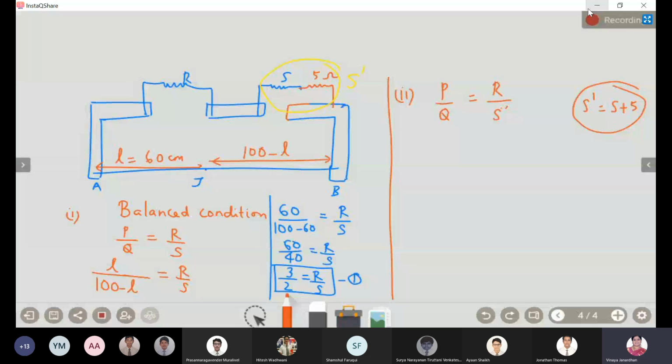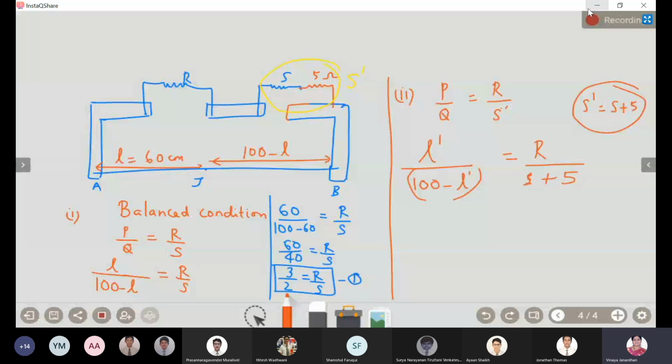P is the new balancing length L dash, divided by 100 minus L dash, equal to R by S plus 5.